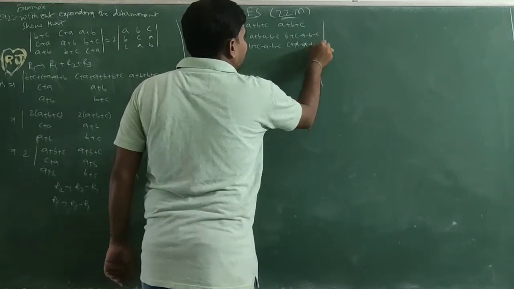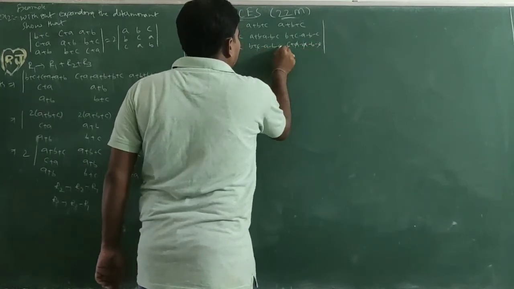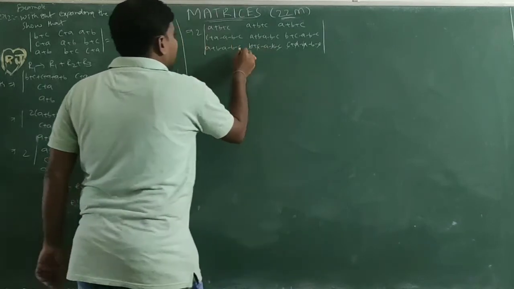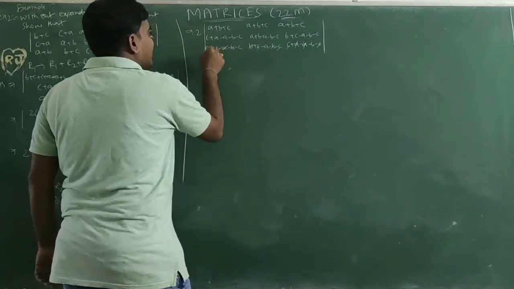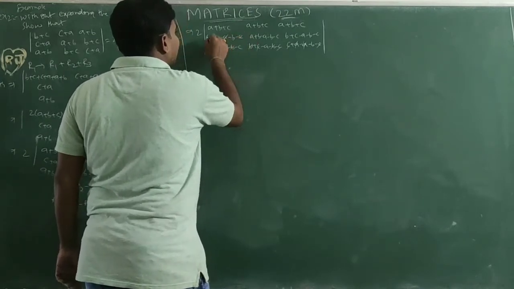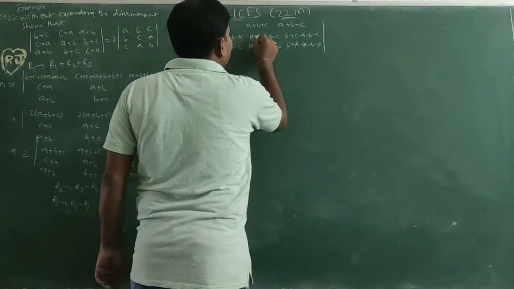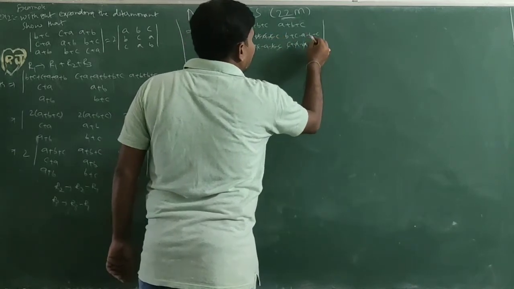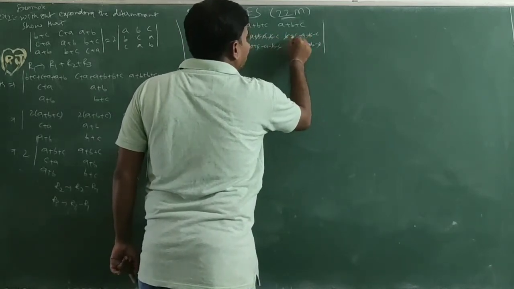So A cancels, C cancels, C cancels, B cancels, B cancels, A cancels, A cancels, B and C cancel. So here also A cancels, B cancels. Next, in this B cancels, C cancels.